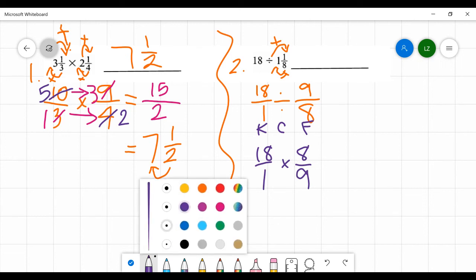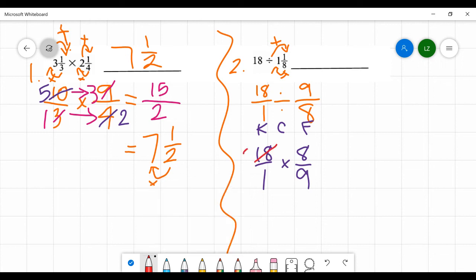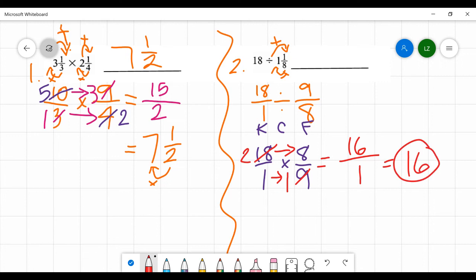And you should see fairly quick that you can divide out a 9 out of 18 and 9. So 18 divided by 9 would give you 2, and 9 divided by 9 would give you 1. And then we multiply straight across. So we would get 2 times 8 being 16, 1 times 1 being 1, and our final answer is 16.